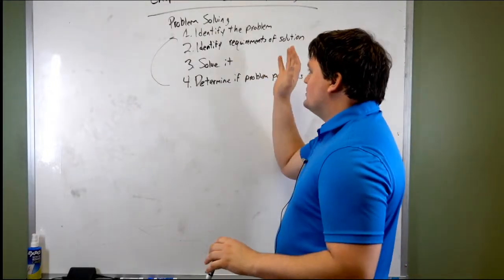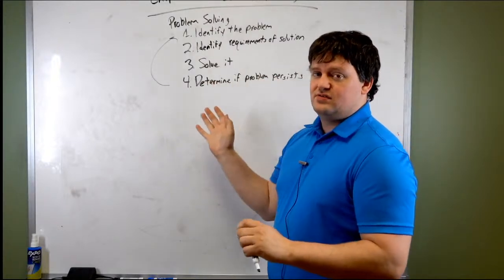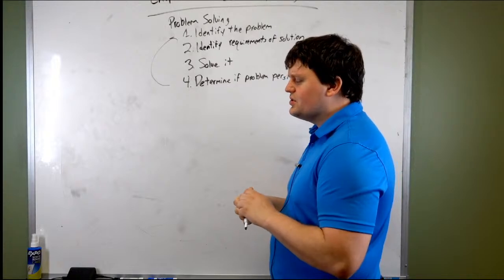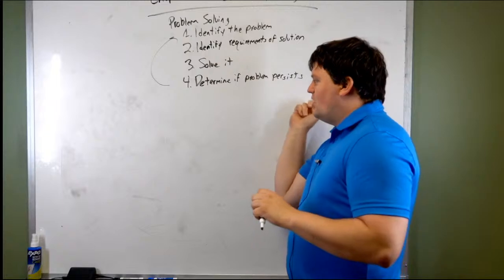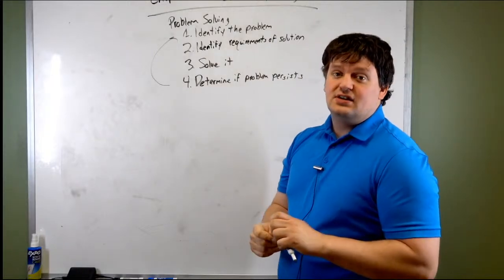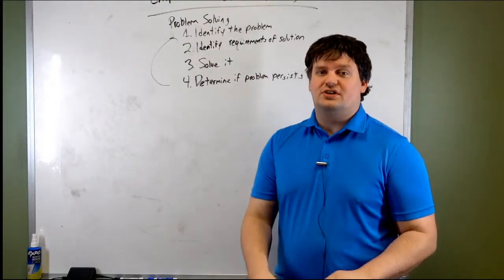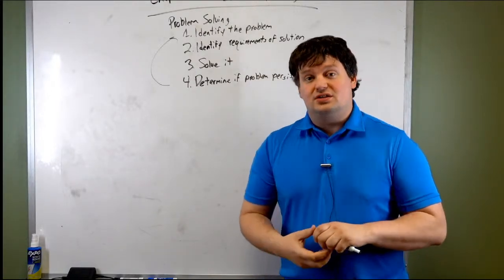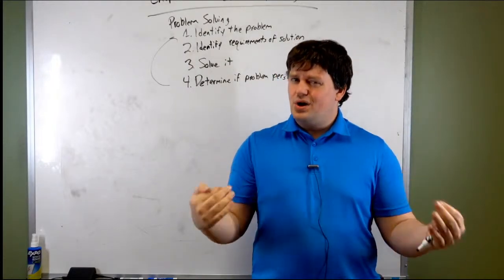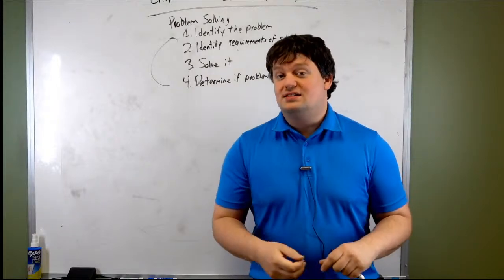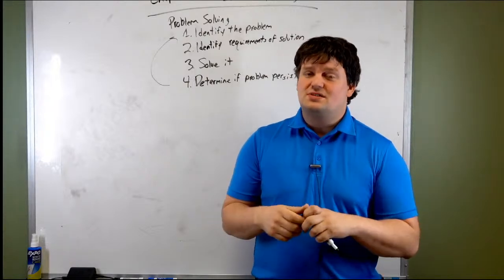Okay? And so ultimately, when we go to do any kind of problem solving, we need this. And the issue that we run into is this is not always very straightforward. If it's a problem where it's simply gone once we've solved it, that's one thing. But if it's a problem where the problem persists, but it's at least better than it was before, sometimes that's really the best that we can do.